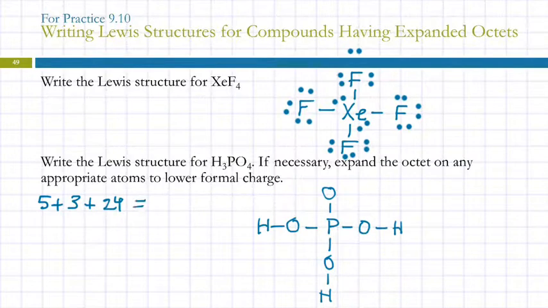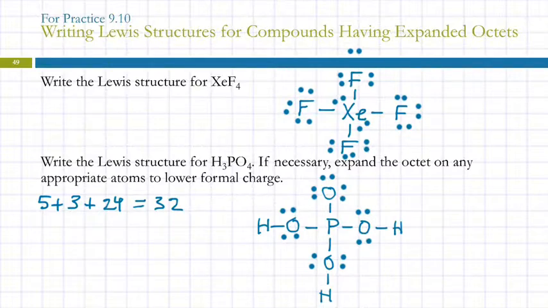So 8. That's what, 32? Yeah. 2, 4, 6, 8, 10, 12, 14, 16, 18, 20, 22, 24, 26, 28, 30, 32. Great. You know, we got octets. We're good.